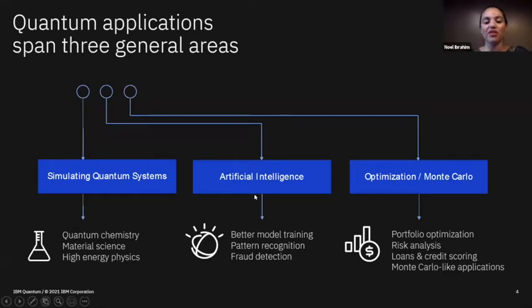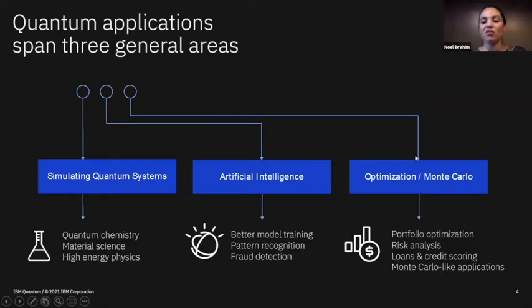The center bucket here is artificial intelligence. So different model training, better model training, pattern recognition, for example, fraud detection is one of the areas where we think quantum computing will contribute, because quantum algorithms can detect more complex patterns within data than classical computers can actually detect, and different types of patterns, often involving entanglement.